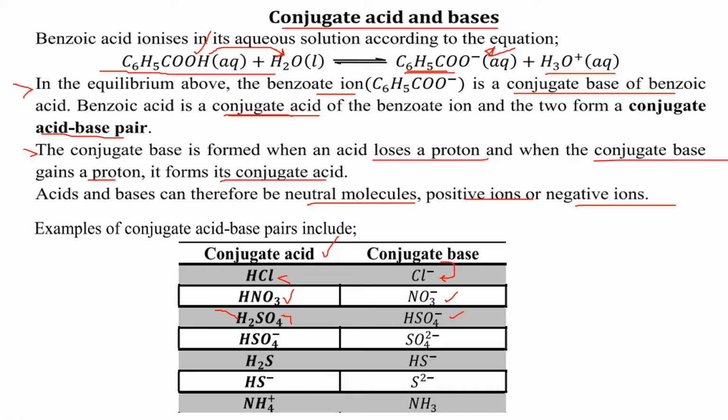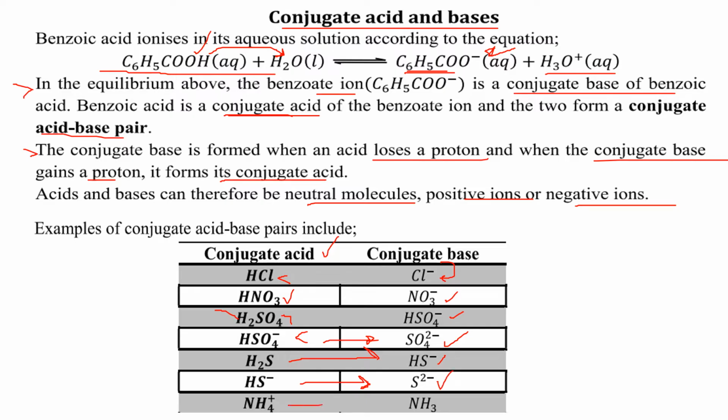So if you're having hydrogen sulfate, after releasing its proton, it forms the sulfate ion, and this is going to be our conjugate base. If you're having hydrogen sulfide, it loses one proton, it forms the sulfide ion.